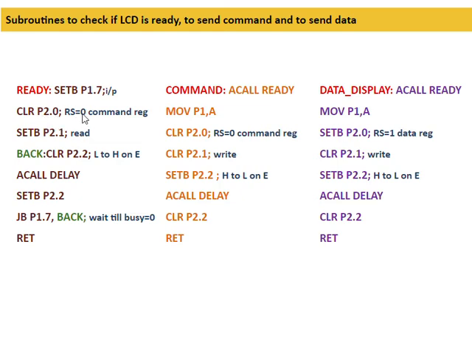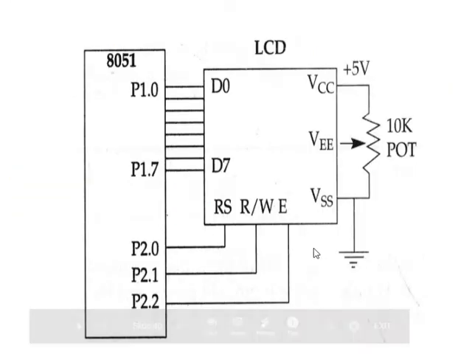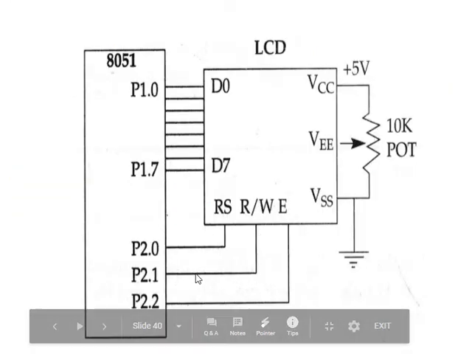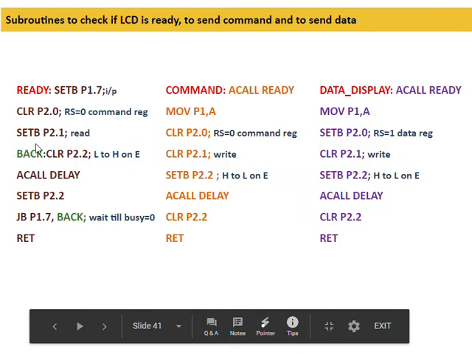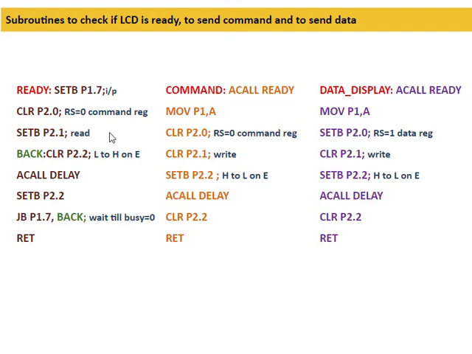This will make RS equal to 0 and the command register will be selected. The next step is to select the read operation. To select the read operation, the read write pin should be made 1. A 1 should be applied to the read write pin which is connected to P2.1. So the instruction will be set bit P2.1. This will select read operation.